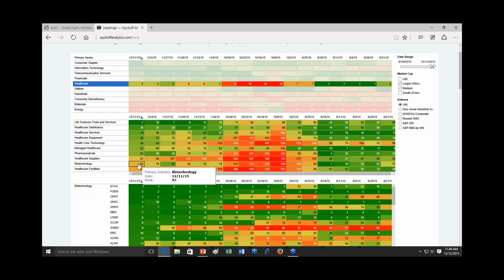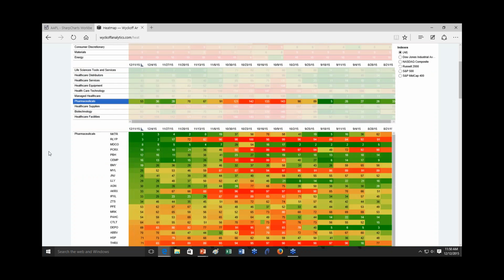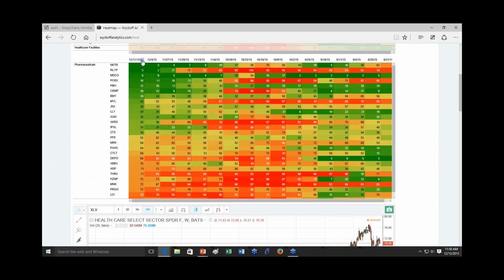And also, of course, we would be looking for the rotational signature, like here, going from 71 to 35. Once we have an interest in a specific industry group, let's say pharmaceuticals, we can do the same with the stocks, find the stocks that are at the top of this industry group and find some kind of rotational picture. For instance, this picture is very interesting, from 87 to 25.